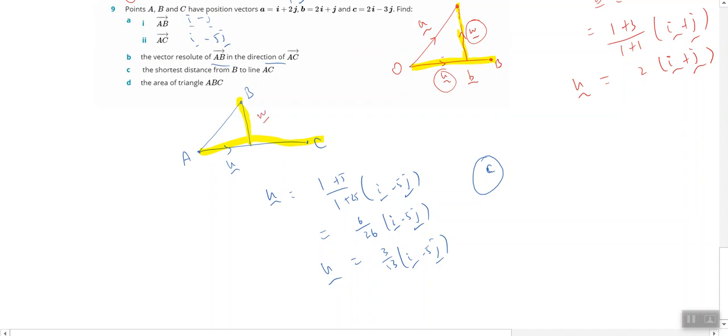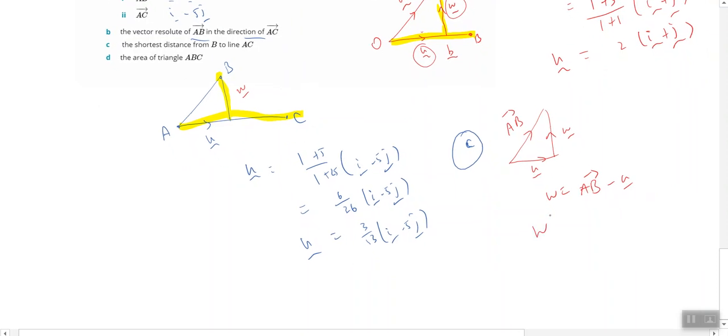So you want the shortest distance, so you want W. If you write it out, that's U, that's W, and we'll call that AB. So W would equal AB minus U, and you're going to get the magnitude later.